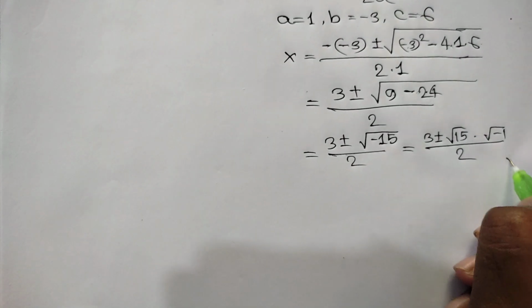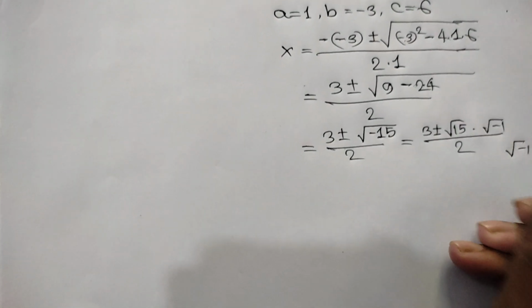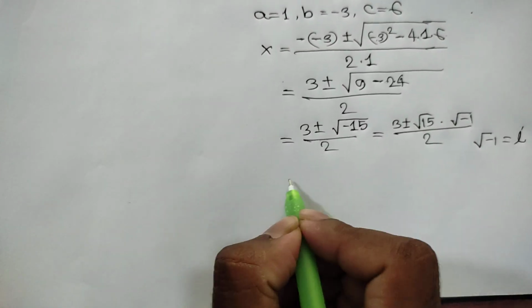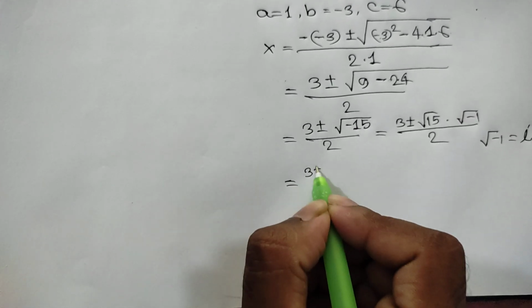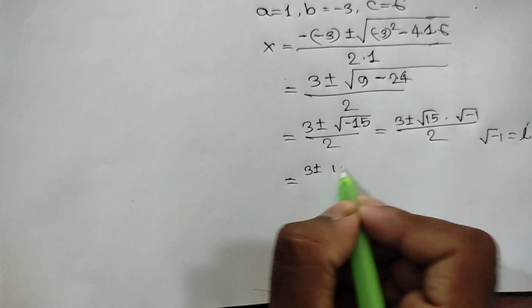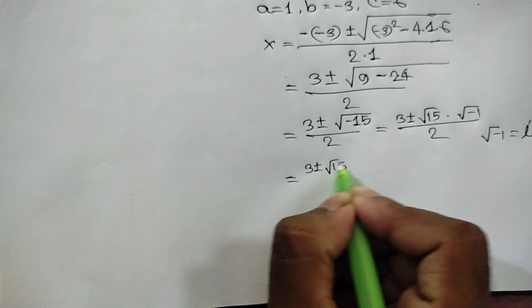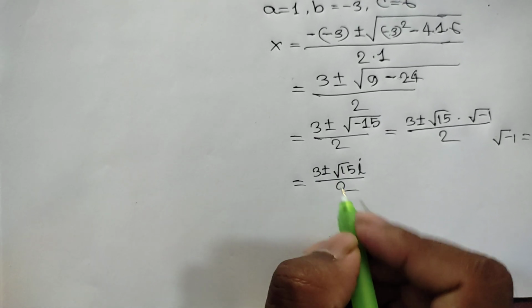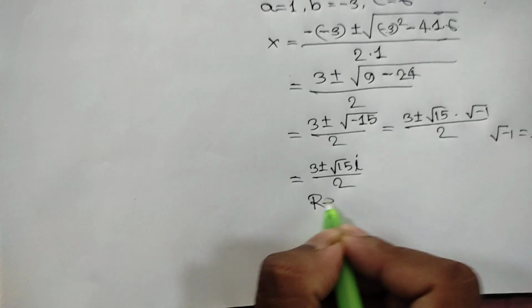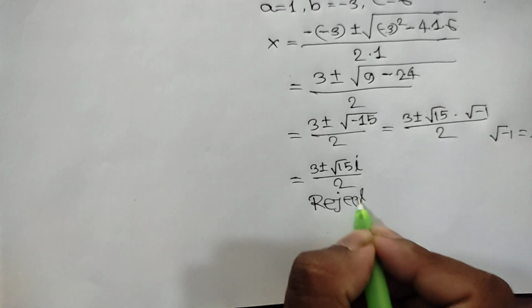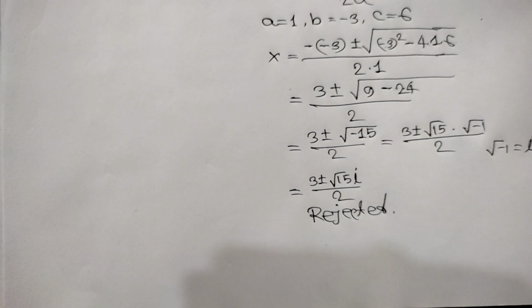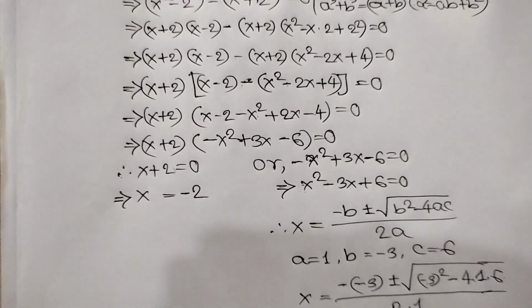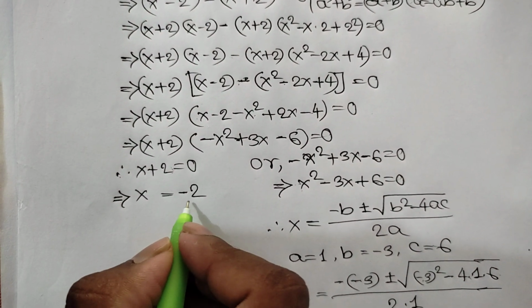We know that square root of negative 1 is equal to imaginary, so we can write 3 plus or minus root 15 imaginary by 2, but this is an imaginary value, so it will be rejected. So our value of x is equal to negative 2.